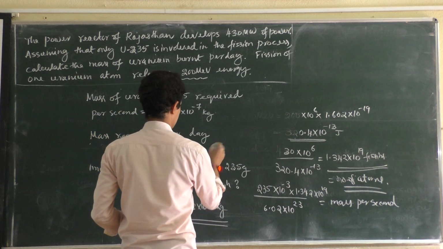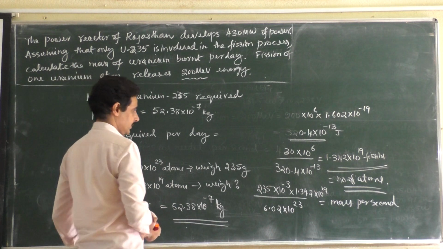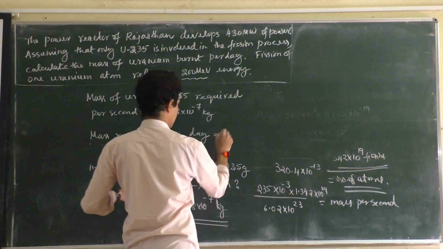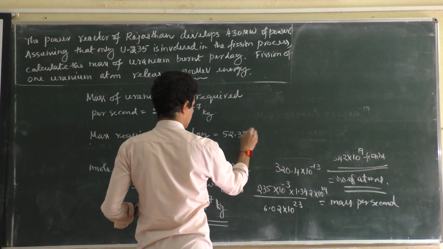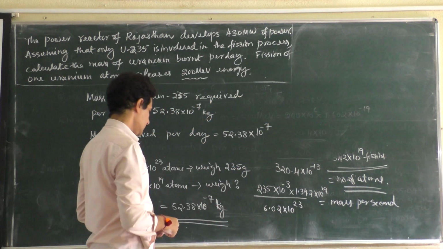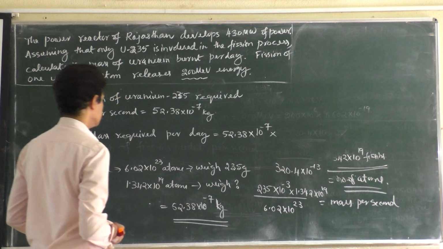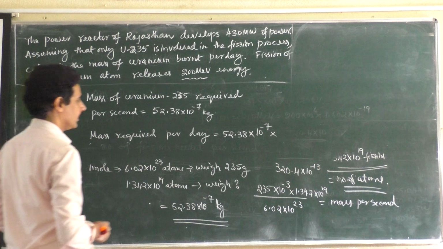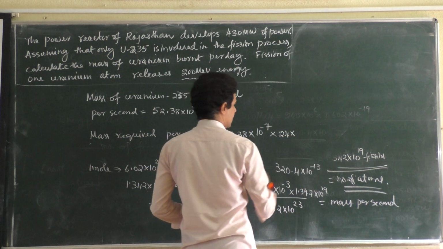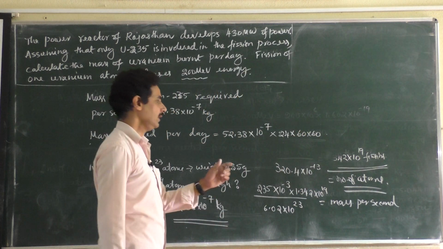Mass required per day is equal to 52.38 into 10 to the power minus 7 into how many seconds? 24 hours, 60 minutes, 60 seconds, right, per day. In a day you get so many seconds.